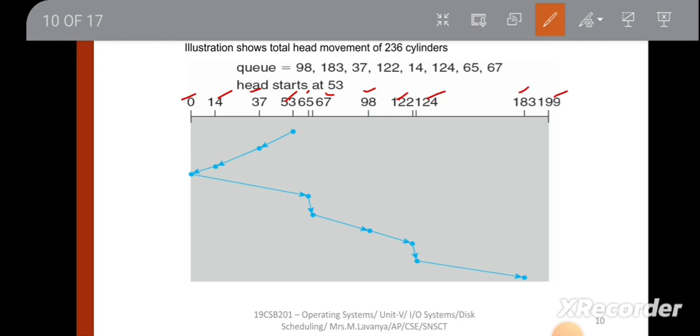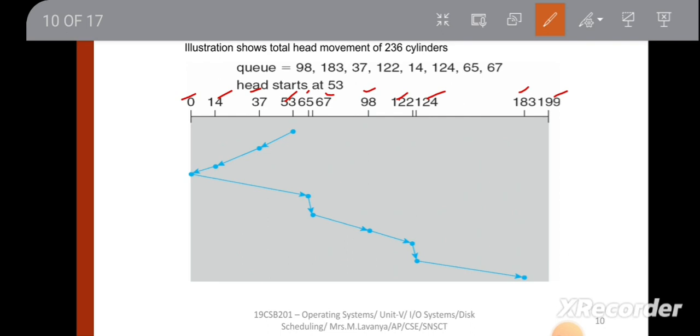Since the current position of the cylinder head is 53, it starts the movement from 53 towards 37, since that is the nearest to 53. After completing, it moves from 37 to 14, and as said, it will touch the last corner.